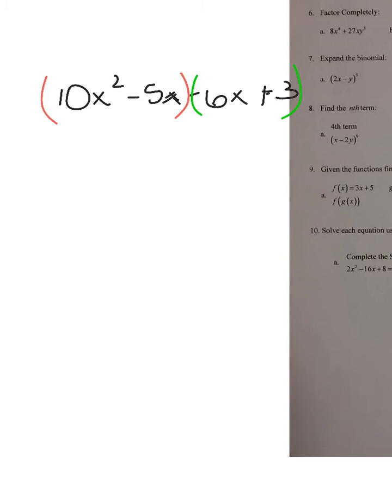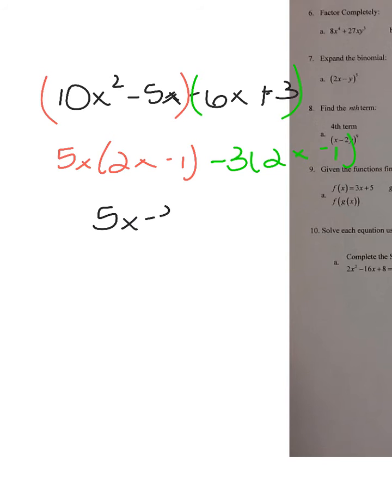So the GCF of the first group would be 5x times 2x minus 1. The GCF of the green group is negative 3 times 2x minus 1. So my factors are 5x minus 3 times 2x minus 1.